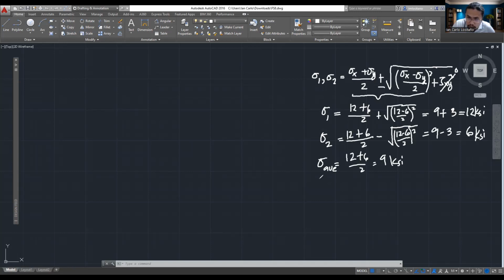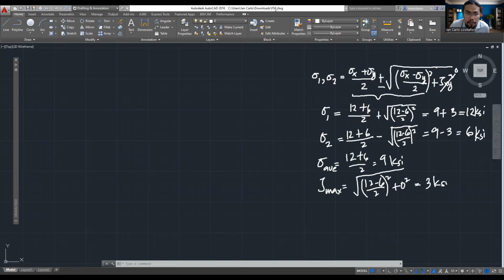Now for your shear, the maximum shear is the square root of 12 minus 6 over 2, squared. It's actually this portion of the equation plus 0 shear, and we get 3 KSI.